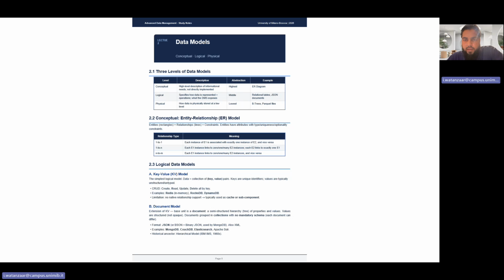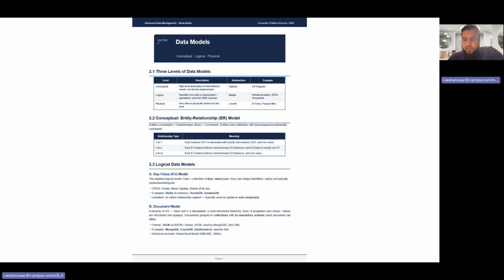Examples of this are B-trees, LSM trees, Bloom filters, Parquet files, and many more. These are the different data storage formats or data structures of how the computer stores multiple data types.